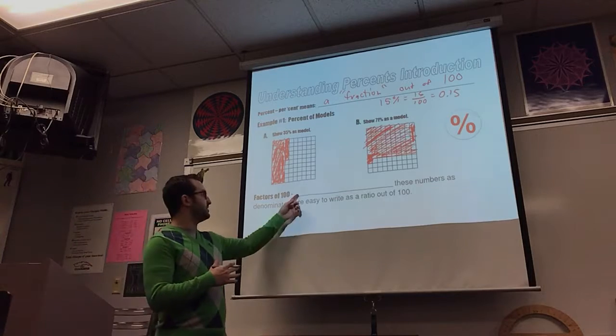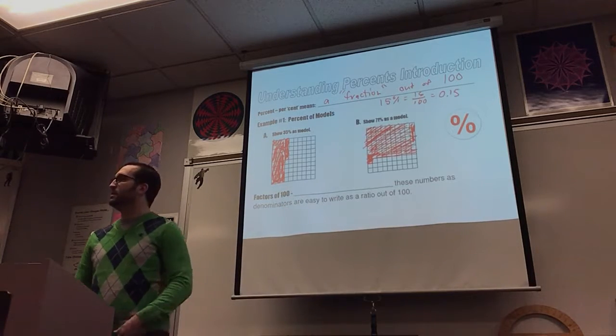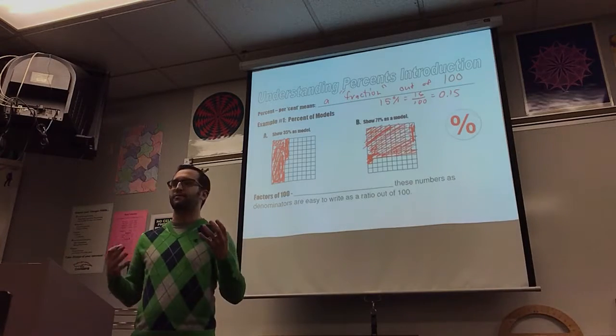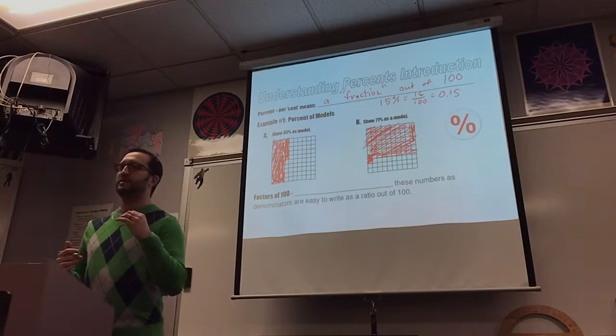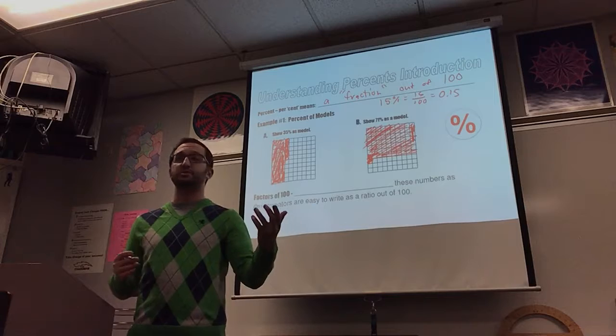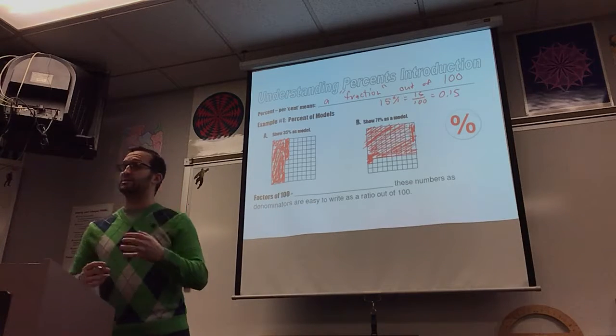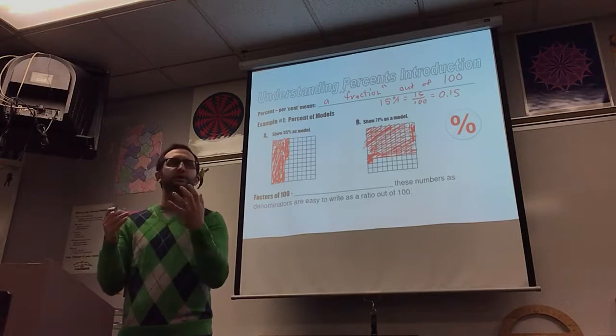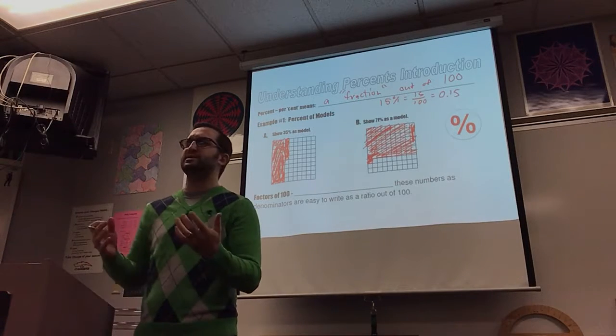This next piece is something that people are like, why do I even care about this? But surprisingly, this is going to be really helpful for us with thinking about fractions and percents in terms of factors and multiples. If I know the factors of 100, it makes it really easy to scale different fractions. So like, if I have 2/5, what percent is that?